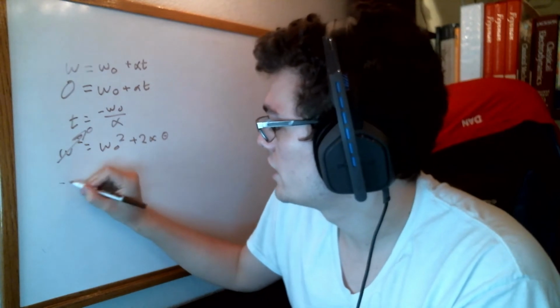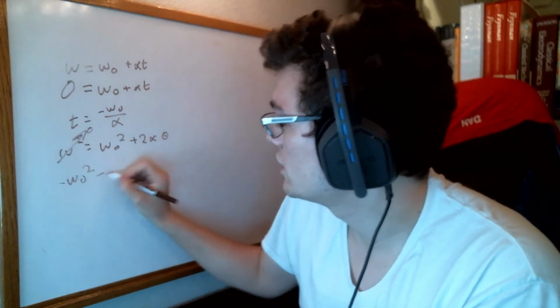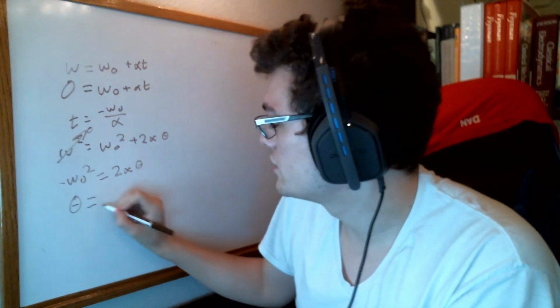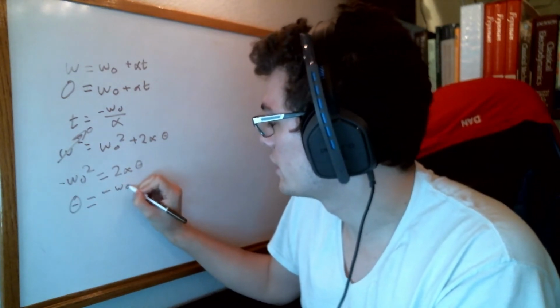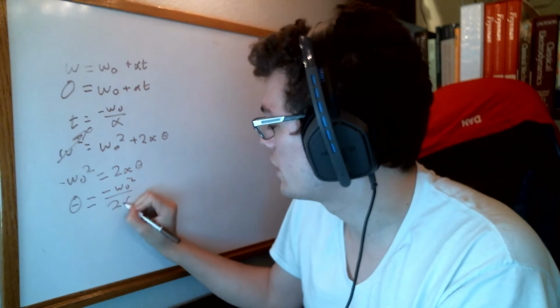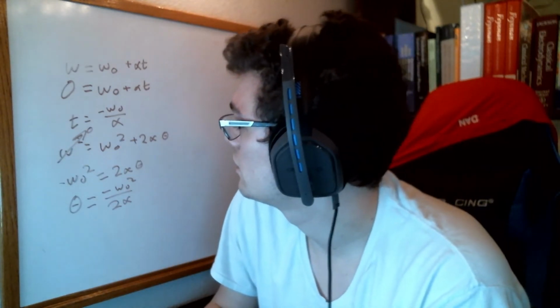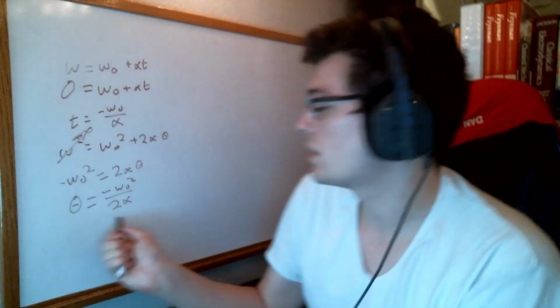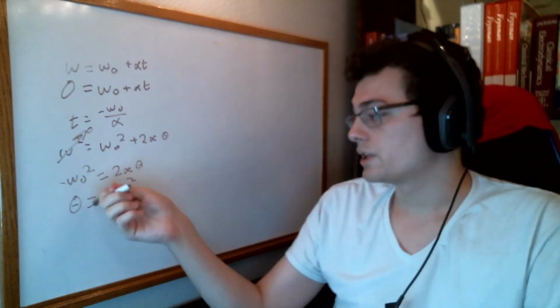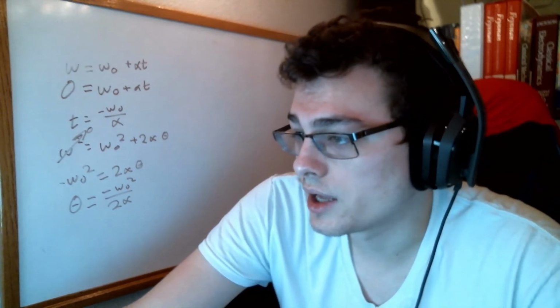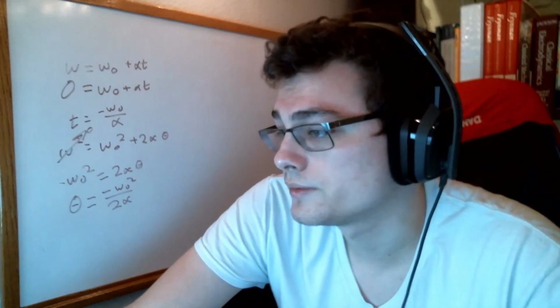So then we have 0 = omega naught squared plus 2 alpha theta. And then theta is equal to negative omega naught squared over 2 alpha. That should have it because your alpha is going to be negative. So this is going to give you a positive answer, and this should yield it.